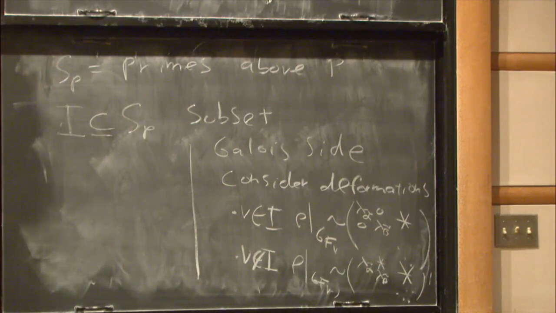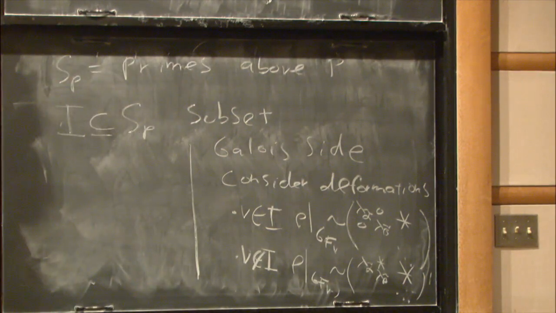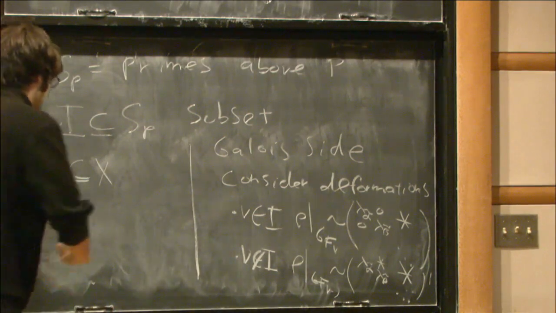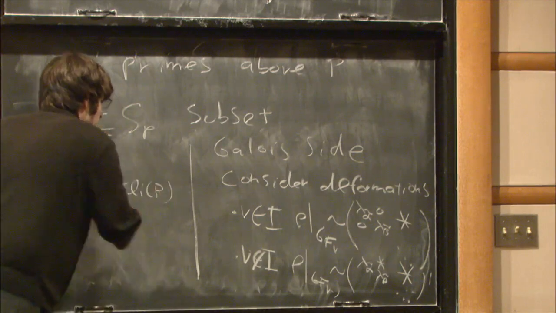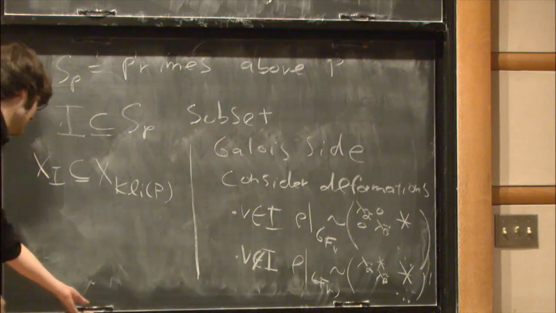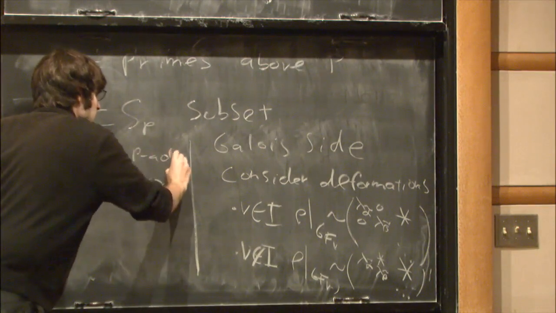And then on the automorphic side, we consider one of these complexes, which Vincent didn't actually define, but I can quickly tell you what it should be. So you let xi inside the Hilbert-Siegel modular variety with Klingen level at p, or maybe its p-adic completion.